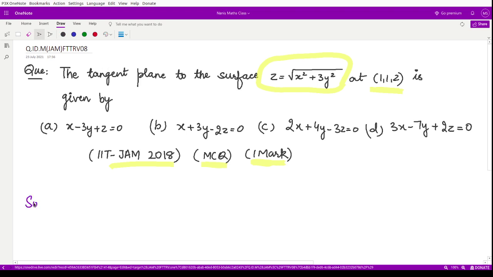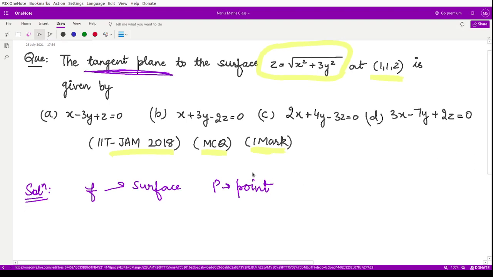So for the solution, you must know what is the formula to calculate the equation for this tangent plane. So suppose f is the given surface and P is the corresponding point. So this is the surface and P is the point where you are to calculate the tangent plane. Suppose the point P is (a, b, c).